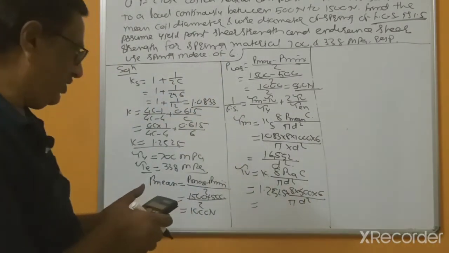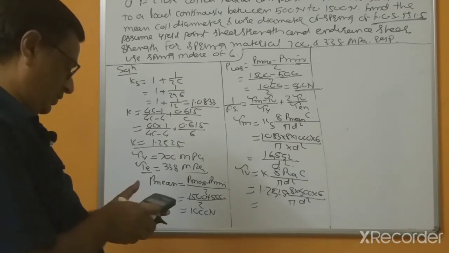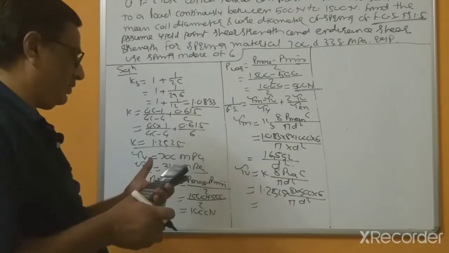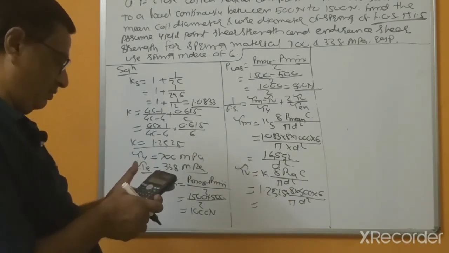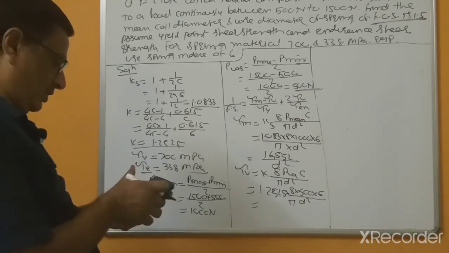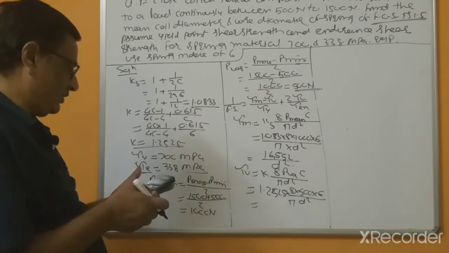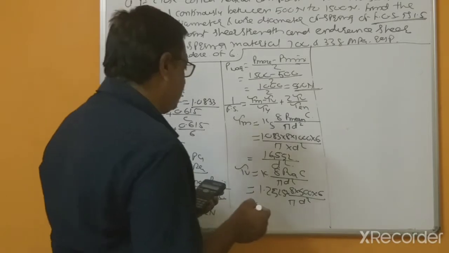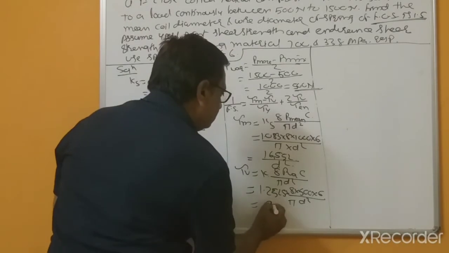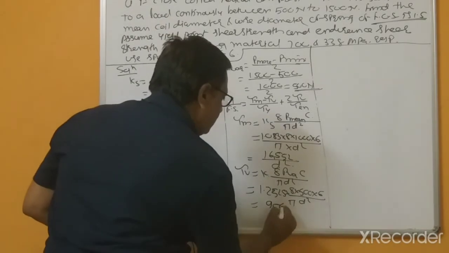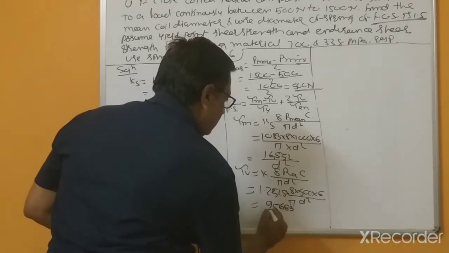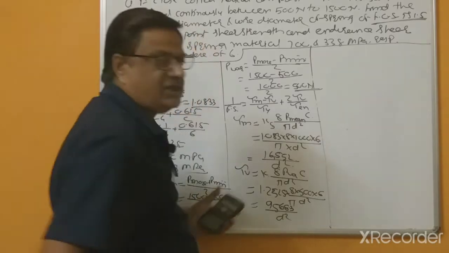This value is definitely less than the earlier one. Multiplied by 8 multiplied by 500 multiplied by 6 and divided by pi, this is 9,568.3 divided by d squares.